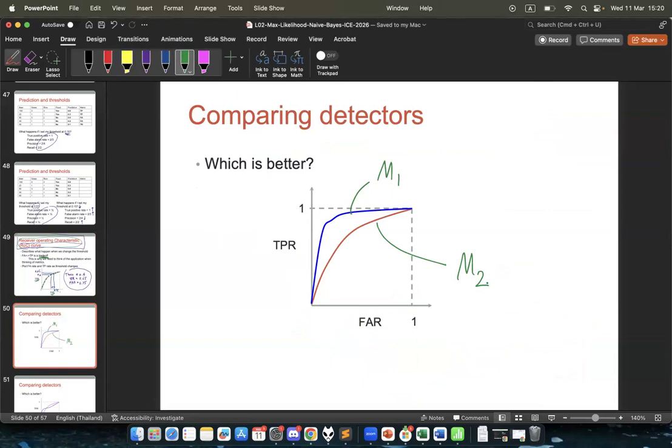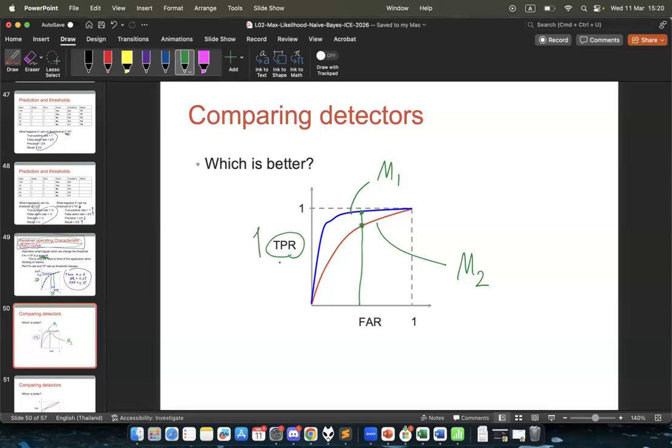And when you want to compare models, you actually have to look at the curve. So in this case, which model is better? Model 1 is better because at the same false alarm rate, it has better true positive.